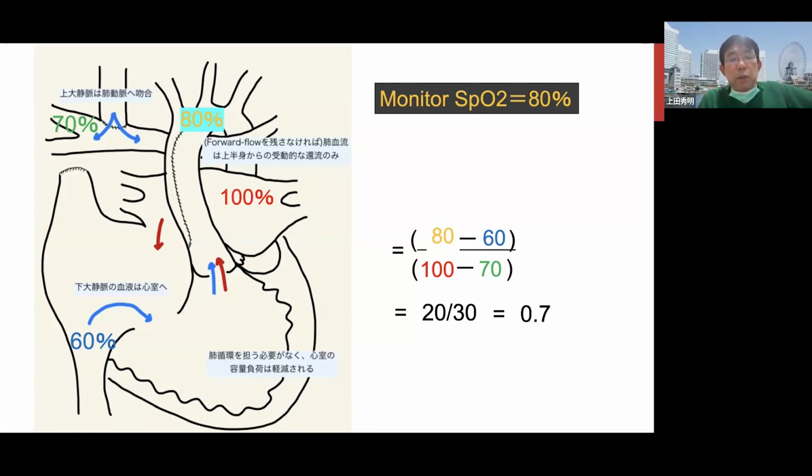So whenever we see congestive heart failure of the single ventricle circulation, we move on to the Glenn shunt to reduce the burden on the single ventricle, dropping QpQS from 1.5 to 0.7. This is the main reason to perform the Glenn shunt. So this SpO2 of 80 is very nice, and just keeping observation should be enough.